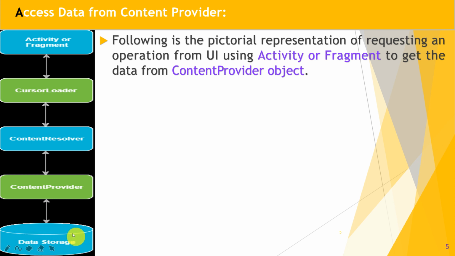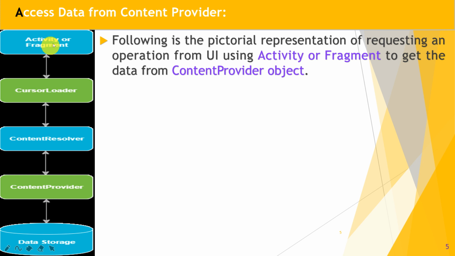This is the pictorial representation of how to access the data from the content provider. Content provider, content resolver and cursor loader are the most useful classes while retrieving the data from the data store using UI components such as an activity or fragment.